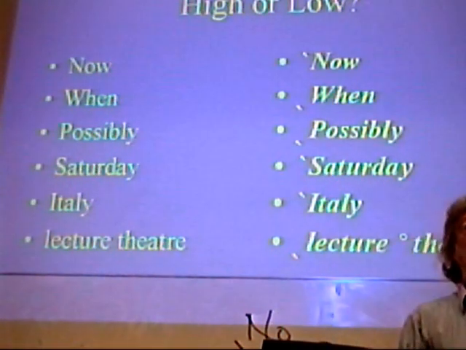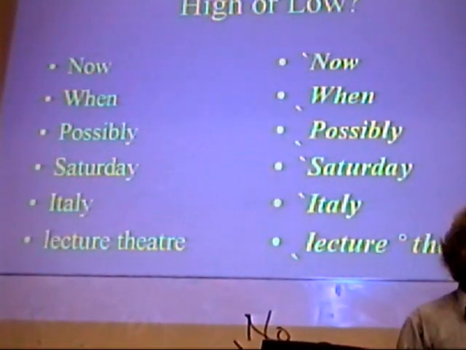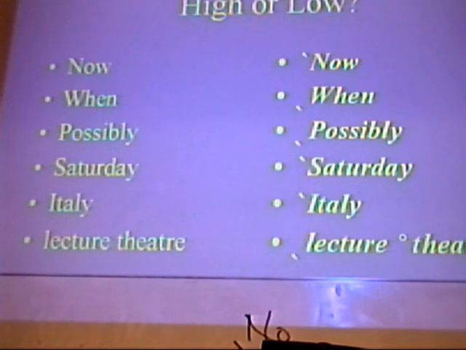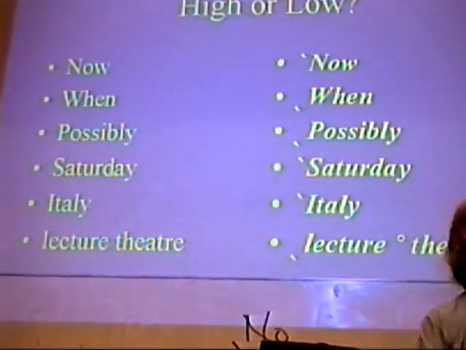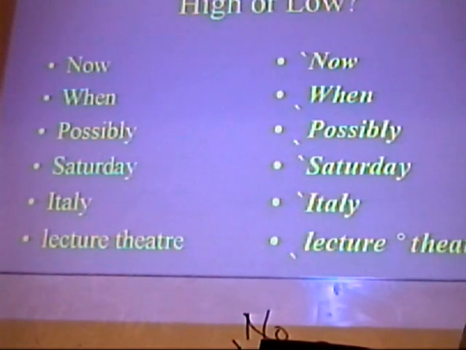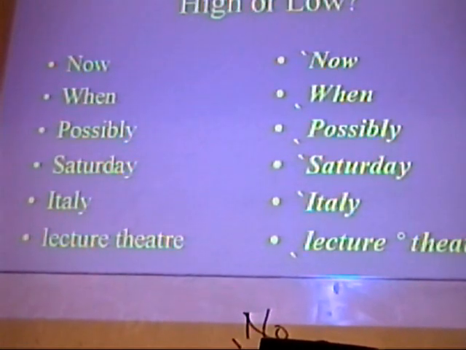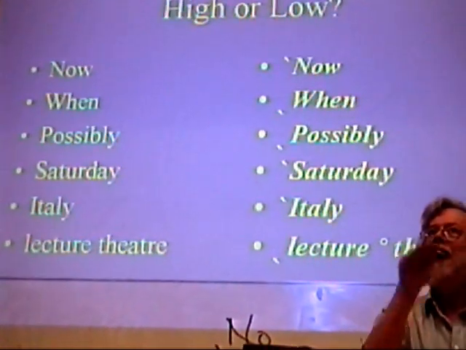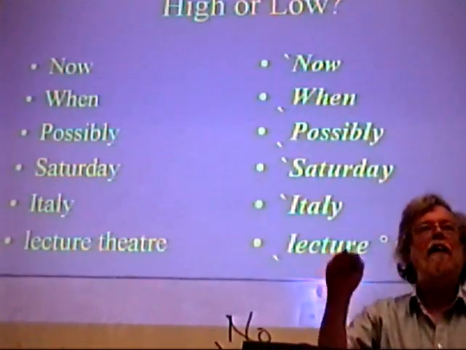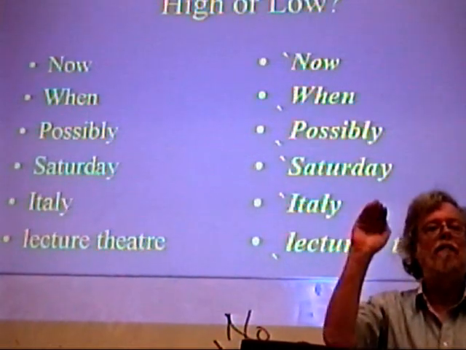Everybody all right for that? Dead easy. Okay, good. So those are the two main falling nuclear tones in my variety of English. Go on now, and remember, I'm going to say it again, the tail must be low and level after a falling nuclear tone.